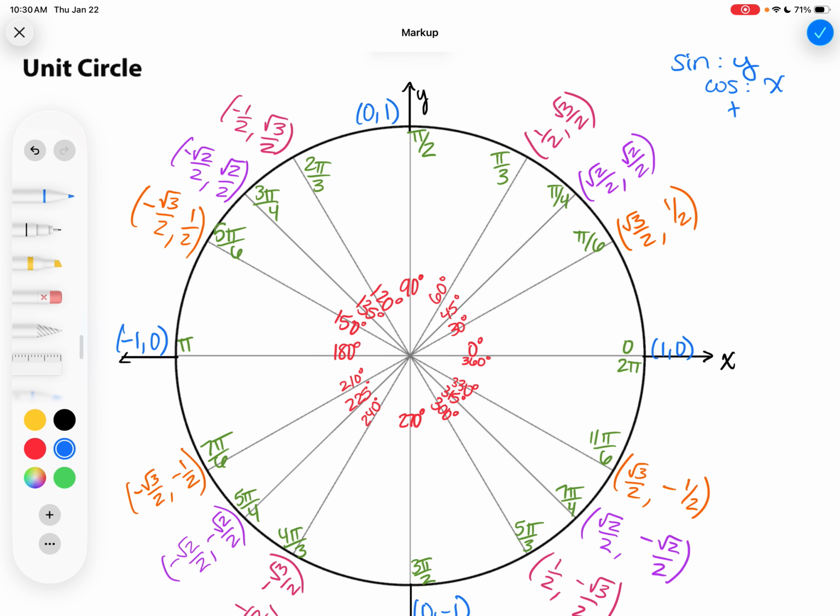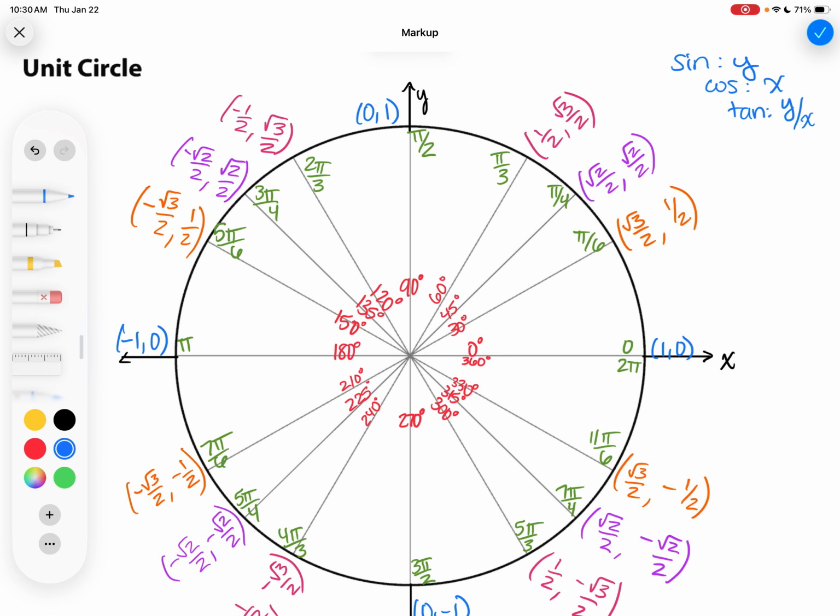So tangent values, the way we find them, now you'll be memorizing these, but in general, if you were given a sine and a cosine value or an x and a y value, tangent is found by dividing y by x. So y over x. So if you're like, this is too much to memorize, I can't memorize 16 more things, you can sit here and solve for all your tangent values on your quiz with just some simple reducing, as long as you know how to divide fractions.